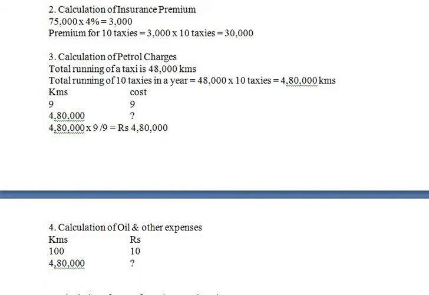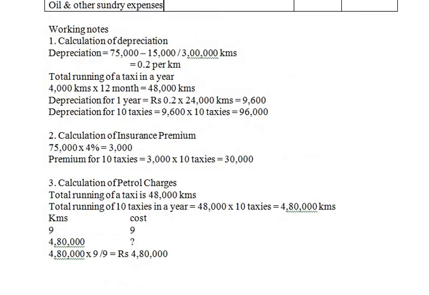Now 4,80,000 into 10 divided by 100. So that is rupees 48,000. Here you can write note number 4, and it is 48,000.